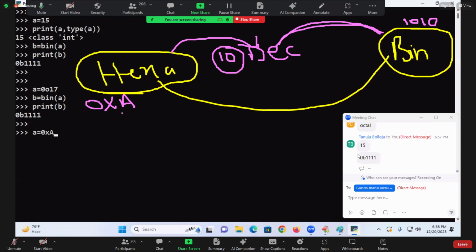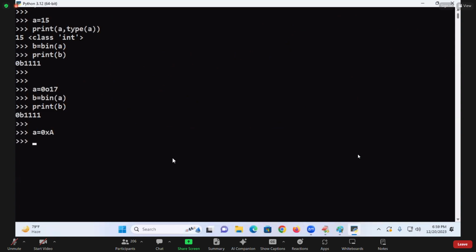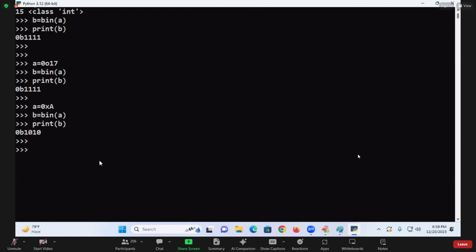So all of a sudden 0xa is converted into 1010. Getting or not? Yes. Please look at. I will apply b is equal to bin of a. So print that b here: 0b1010. Got it?